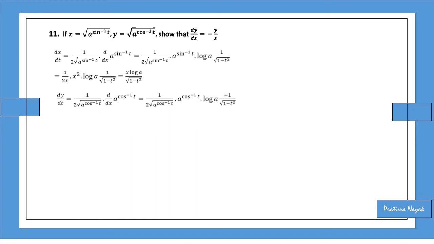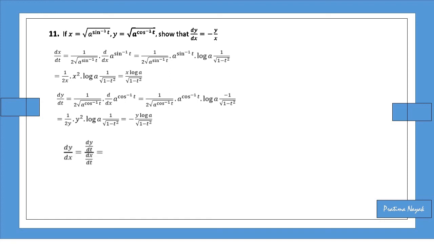It will be a to the power cos inverse t into log a into cos inverse t derivative. It will be minus 1 upon under root 1 minus t square. So what I'll do now, I'll replace a to the power cos inverse t by y square and under root a to the power cos inverse t I'll replace by y. It will simplify to how much? Minus y log a by under root 1 minus t square.